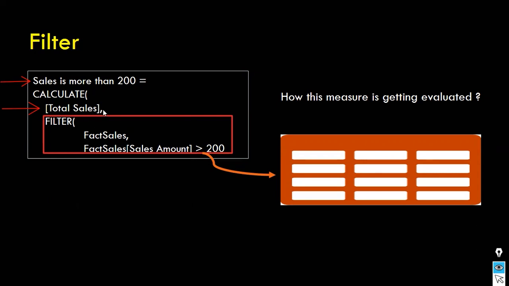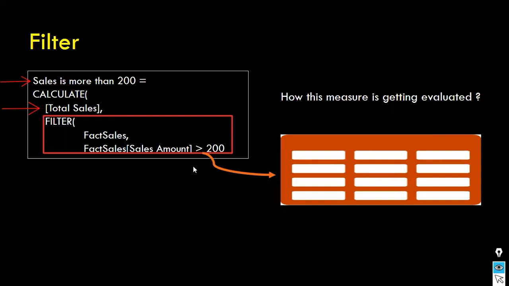Here, what I do is don't do the sum of sales for the entire fact sales table. For those sales we made more than 200, only for this subset of the data, you find the total sales. In this case, the filter, behind the scenes, creates a virtual table.